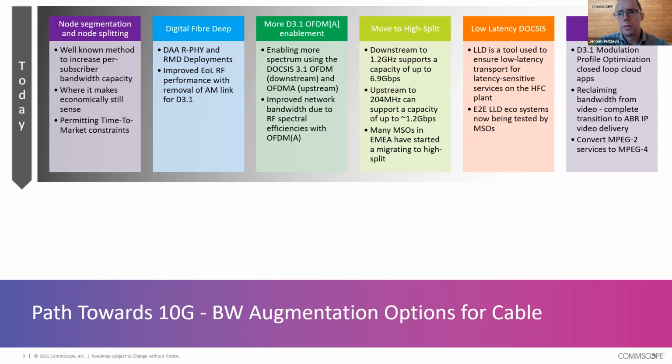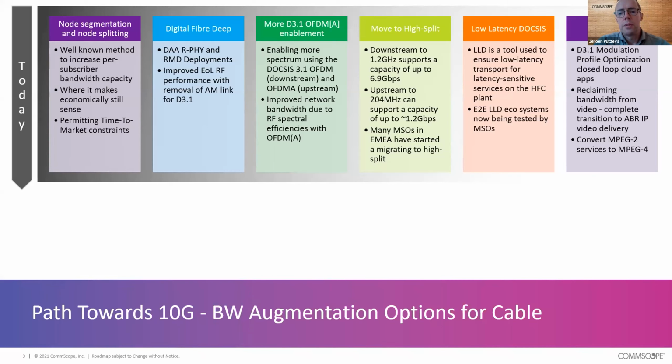And again, that allows us to reallocate parts of the spectrum for IP delivery as opposed to QAM delivery over time as well. So again, that's another option that is available today for consideration.